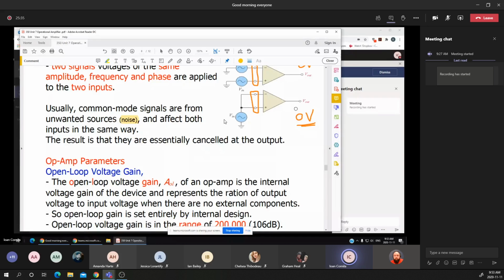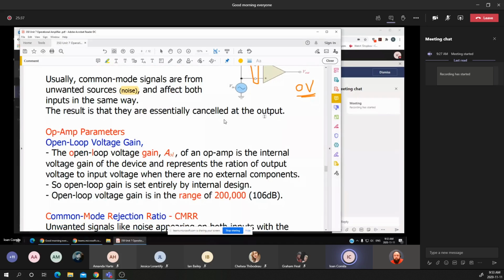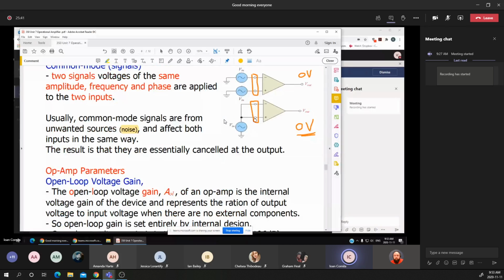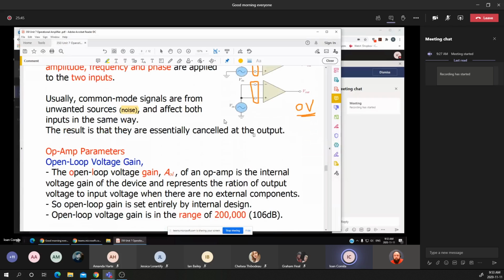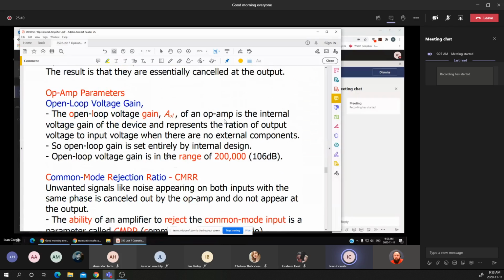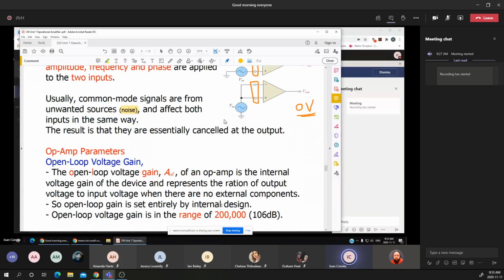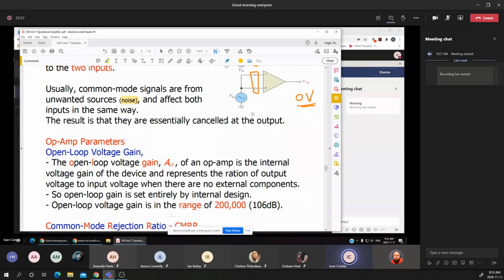And this value must be kept as low as possible. But again, we'll talk about the CMRR, the common mode rejection ratio. Now, before I go into the next step to explain and define the CMRR.